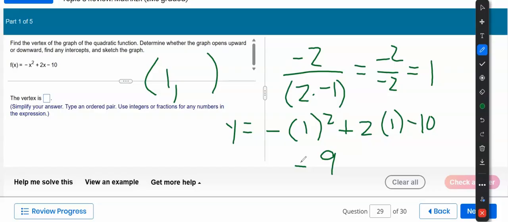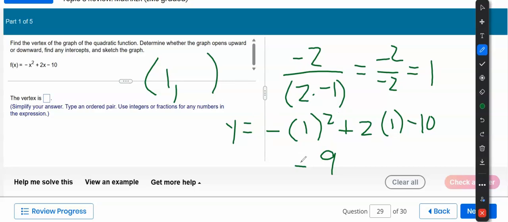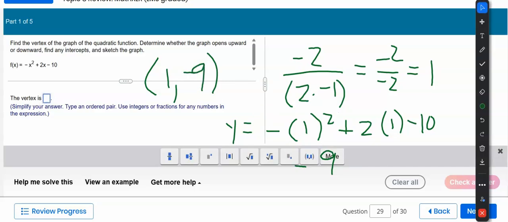That is exactly what I need to do. On your calculator, the first one will be -1, that's +2, and then when you add -10, you'll end up with -9. So 1, comma, -9.